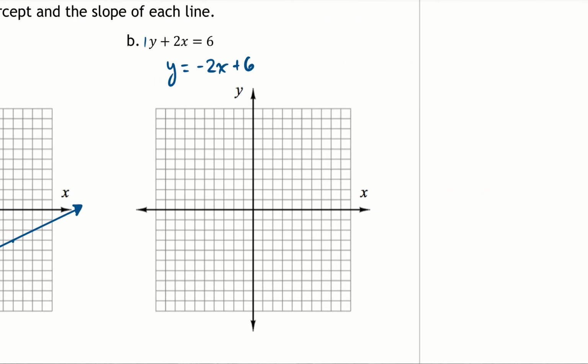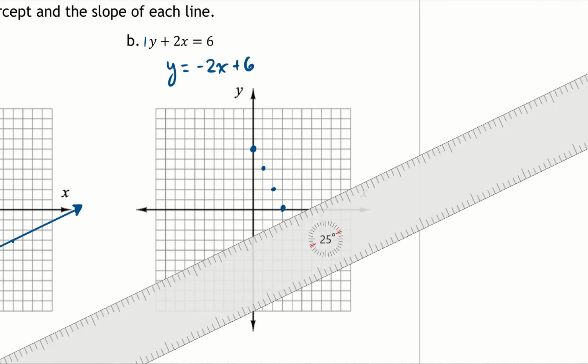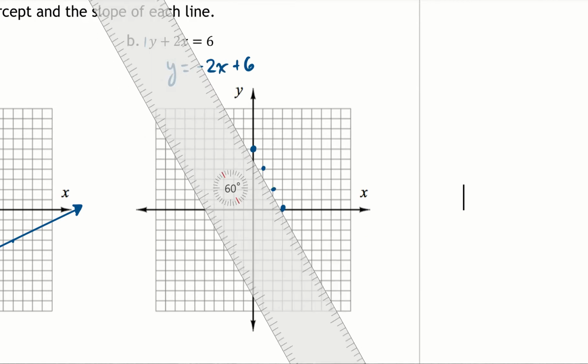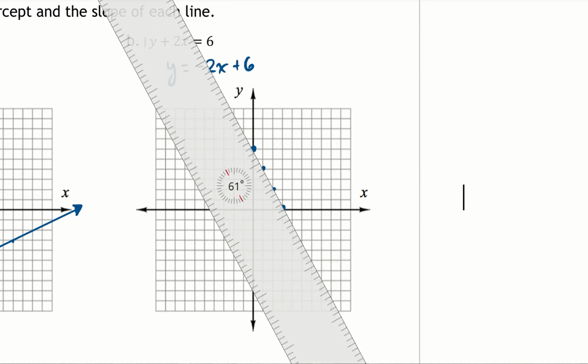At 6, we go 1, 2, 3, 4, 5, 6, and we place a dot there. Then I'm going to go down 2 over 1, down 2 over 1, down 2 over 1. I will grab my favorite friend when I need to draw straight lines, Mr. Ruler, and Mr. Ruler will line up, and I'll just draw this line.